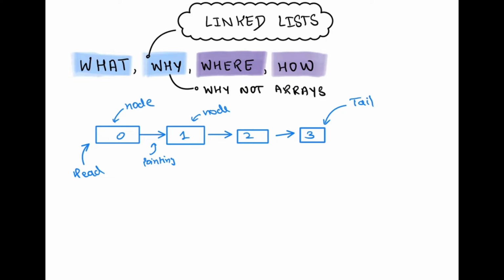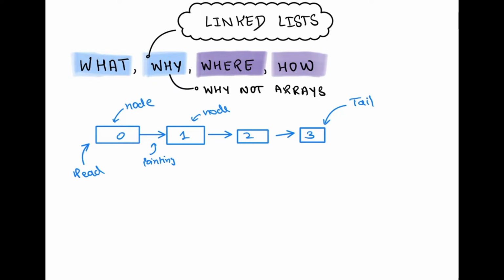So if we do not talk about the coding aspect, the linked list on paper theoretically looks like this. It is just nodes interconnected to each other by pointing to each other in a single direction. So this is what a linked list is.